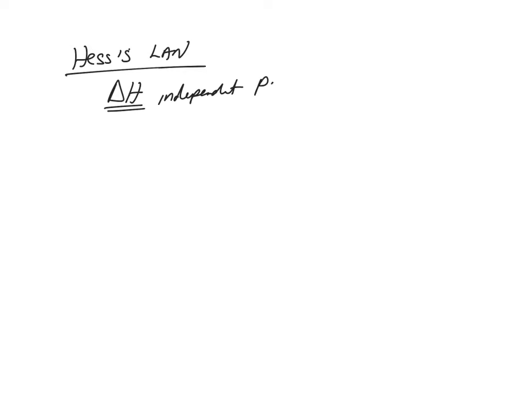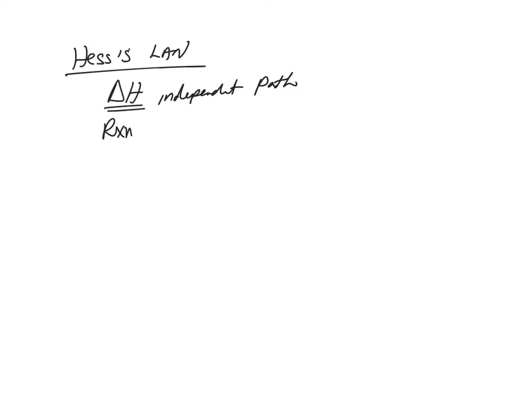Okay. The last topic in this chapter is Hess's law. And so in Hess's law, basically, the delta H of a reaction is independent of path. So what we can do is we can take lots of different reactions.